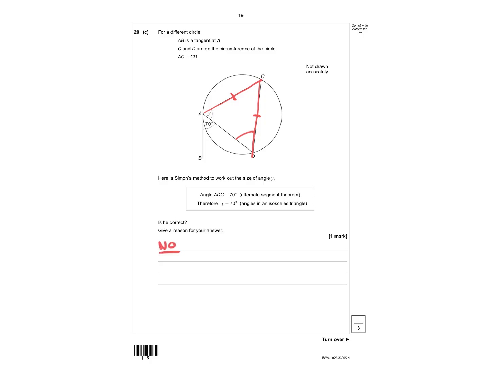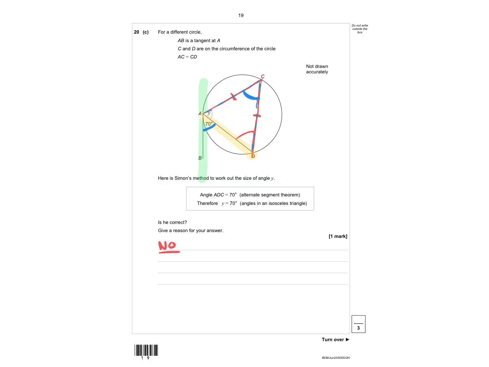Straight away, we should be able to see that he's not correct because he's used the alternate segment theorem incorrectly. The alternate segment theorem tells us if we have a tangent, which we do here, and if we have a chord, which we do here, the angle between the tangent and the chord is equal to the angle in the alternate segment subtended by that same chord, which is this angle over here.